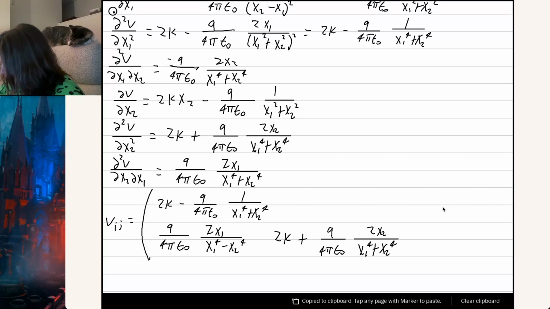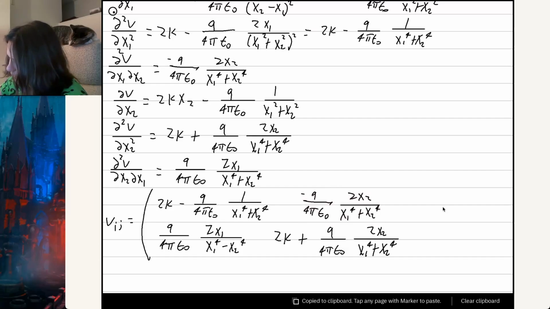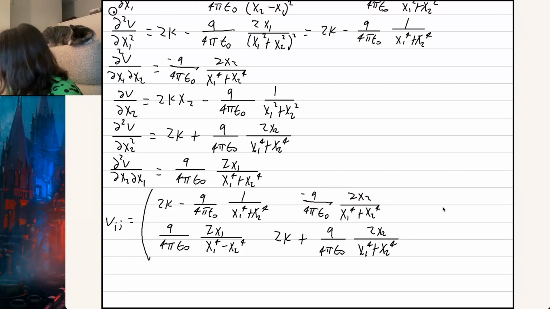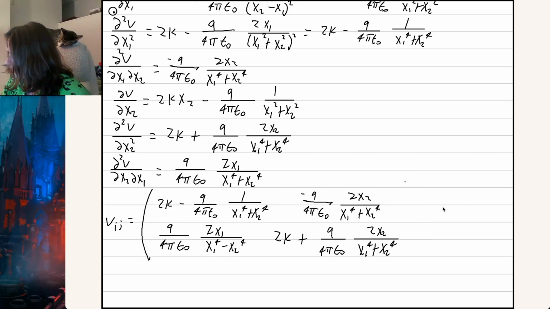Where's the other one? There it is. All right, there's your potential energy matrix. Boom, bam, done. Done, not really. We still need to set up the secular equation, but that's not too hard.